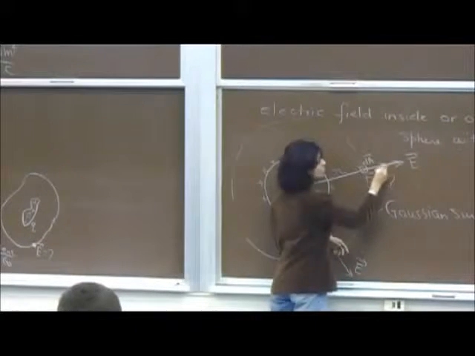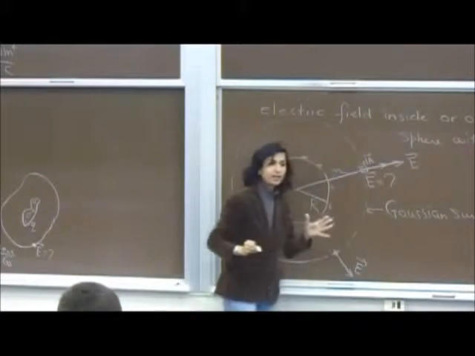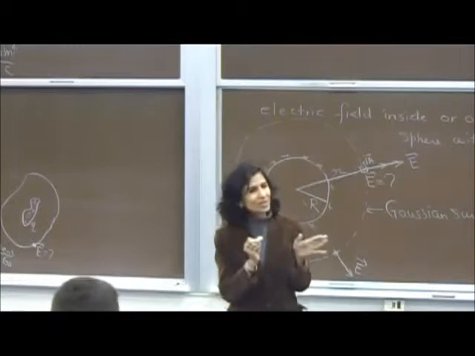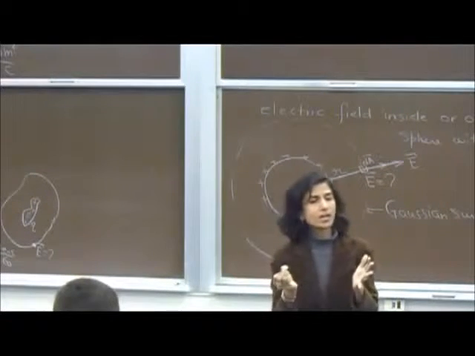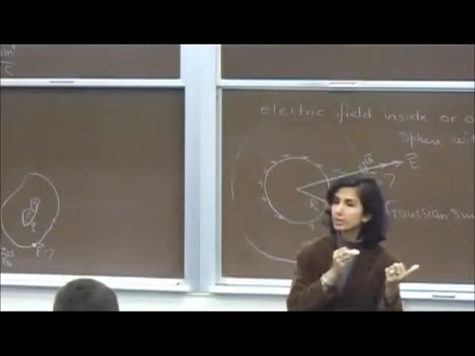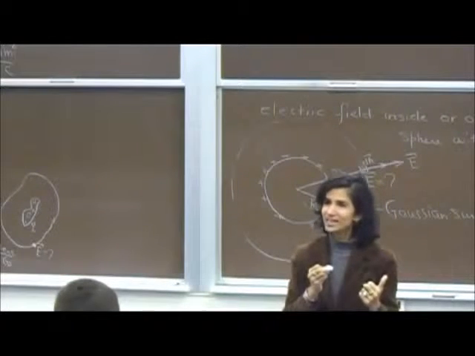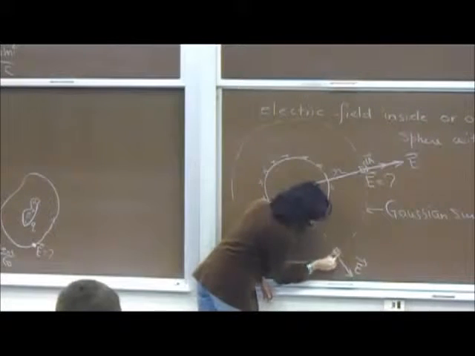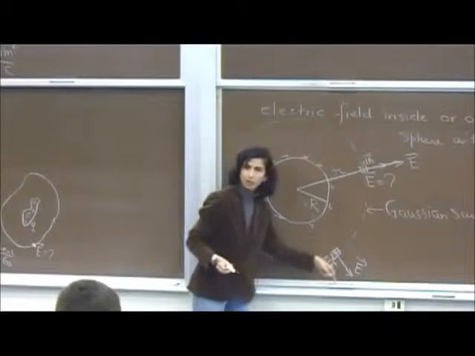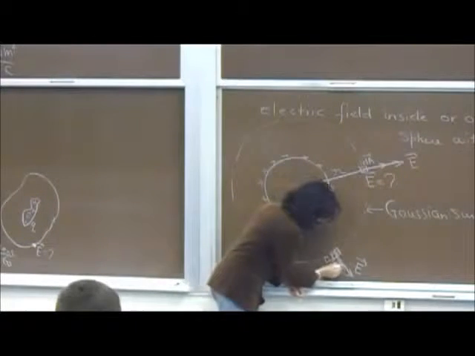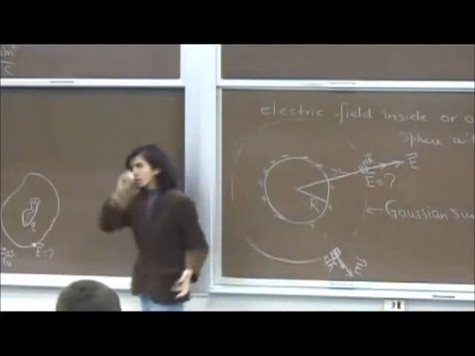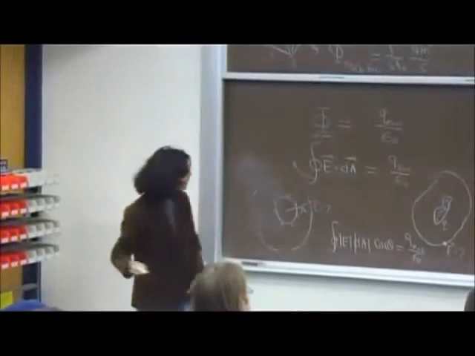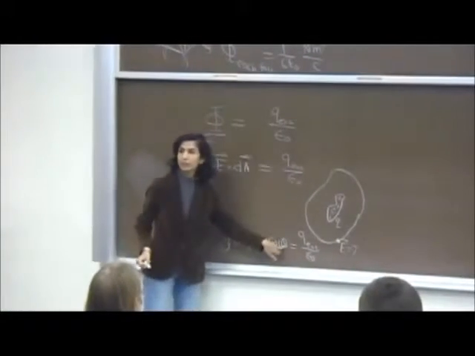It is also in the same direction as the electric field, because the area vector is always perpendicular to the area, and for a closed surface you always choose it to be the outward normal. Similarly, the infinitesimal area vector dA here is the outward normal again, the same direction as the electric field. So the angle between the electric field and the area vector is 0, and cosine 0 is 1.